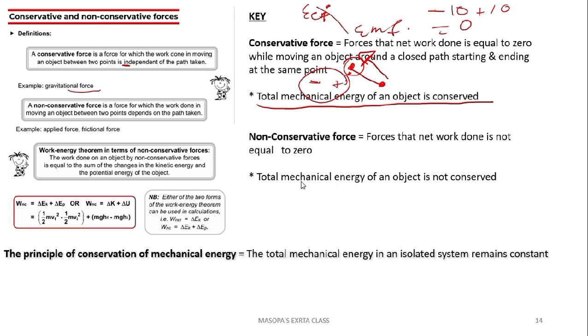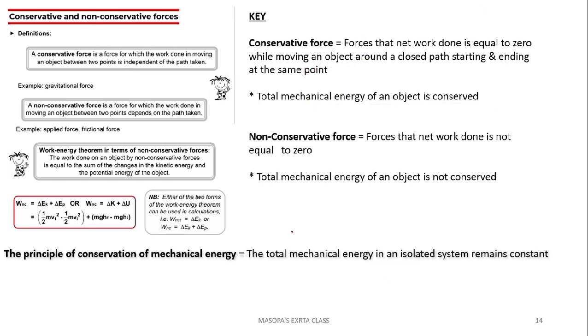A conservative force happens when the total mechanical energy of an object is conserved. Now let's look at non-conservative forces. If we have the presence of a non-conservative force, the total mechanical energy of that object is not conserved, meaning that the Emech initial is not equal to the Emech final.